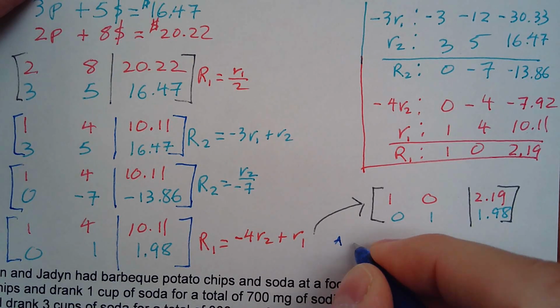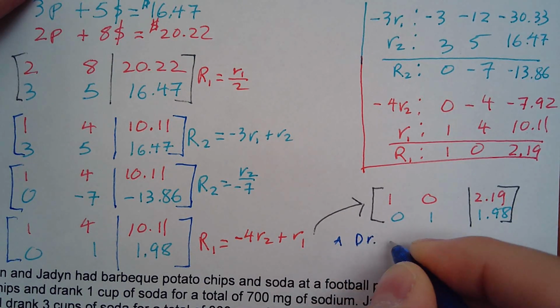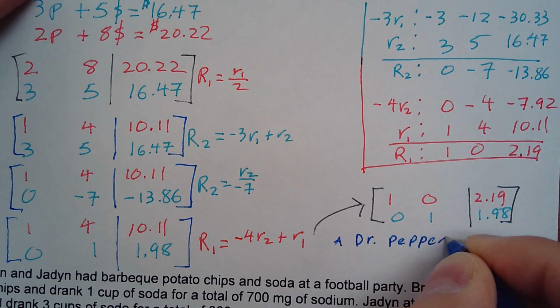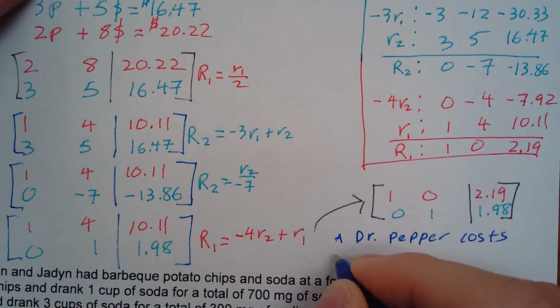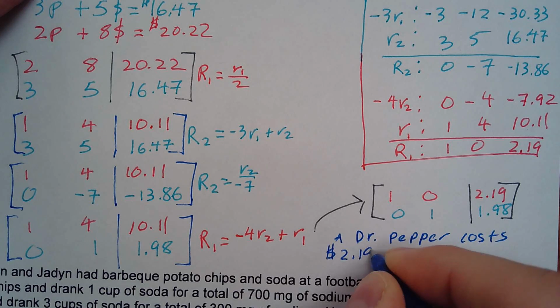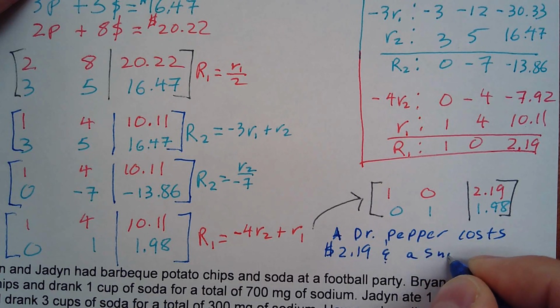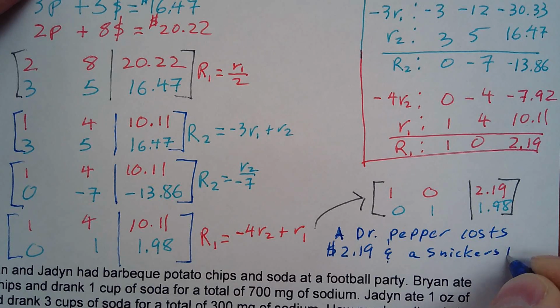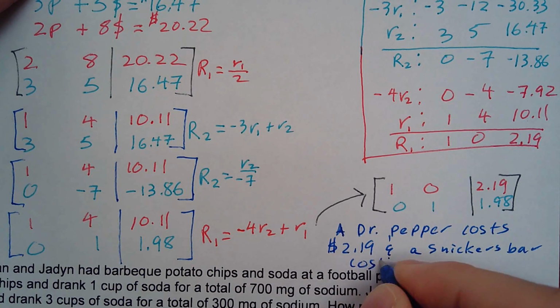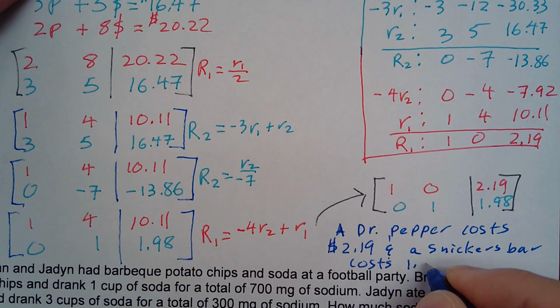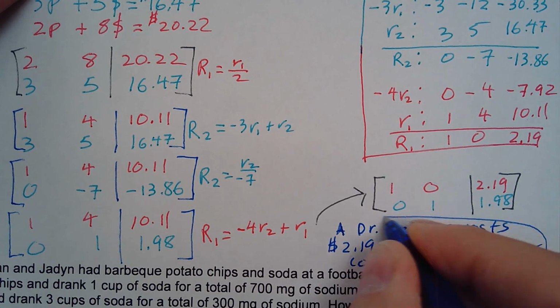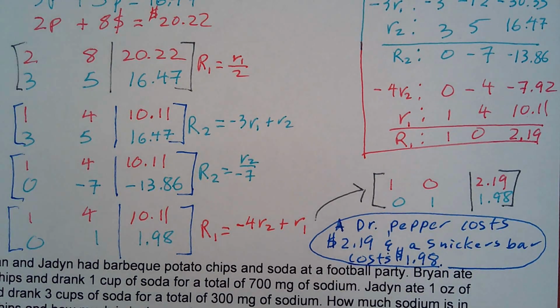So Dr. Pepper costs $2.19, and the Snickers bar costs $1.98. So that would be our answer. Let's try another one.